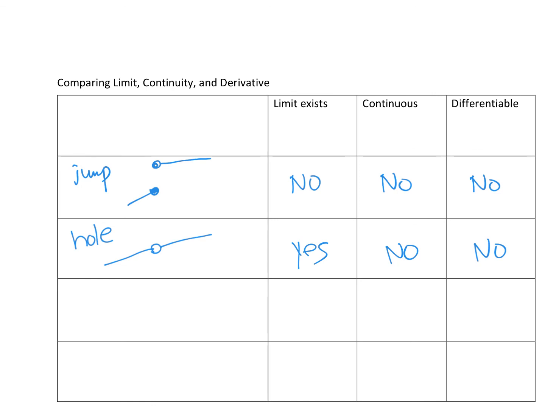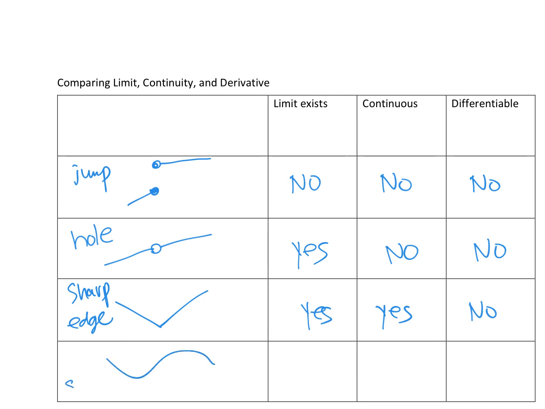There are cases where it has a sharp edge. The limit exists at this point, yeah. Is it continuous? Yeah, I can draw it in one shot. Is it differentiable? No, because it's not smooth. It has a little sharp edge, right? If you have it like this, it's called smooth. There's no sharp edge, no jump, no hole. So it tells you how nice your graph is.